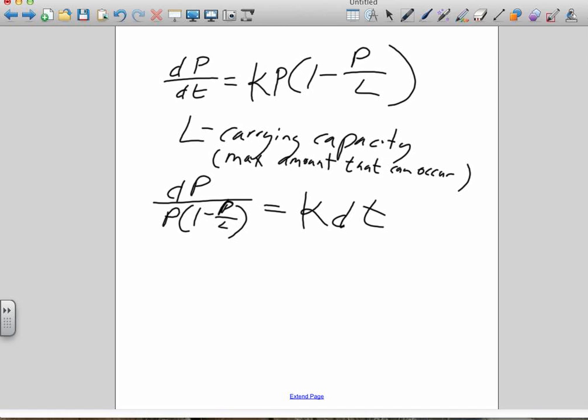Now this is a little bit different, and I'm not going to make a big deal out of this, but the way you have to deal with this is what's called partial fractions, and we'll deal with that, I hope, a little later on in the semester. But if you want to see this, look at example 9 in your book for how they integrated.